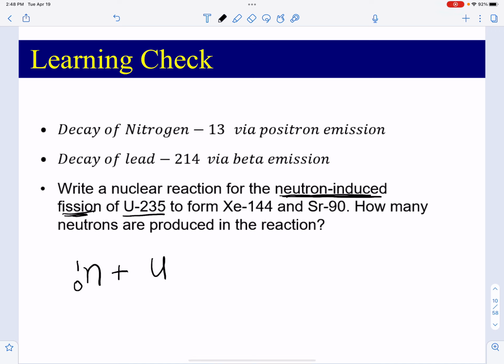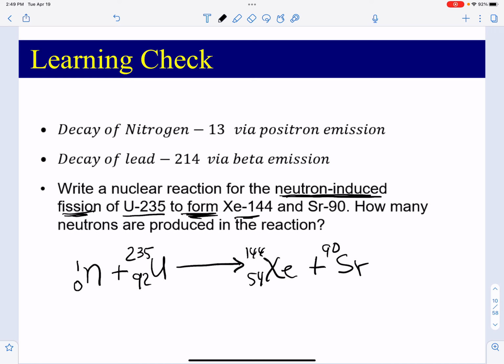So uranium, which is number 92, and a mass number of 235 because it's telling me so. And it's going to produce xenon-144, and xenon is atomic number 54, and strontium-90. And strontium is going to be 38.